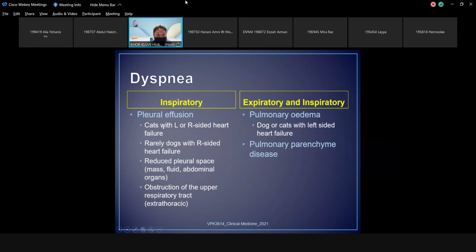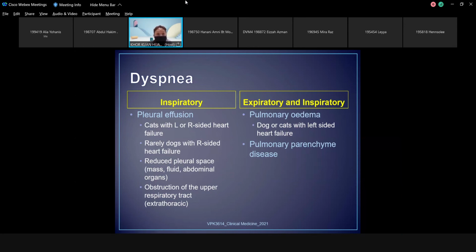Okay, so in dyspnea, you need to differentiate whether this is an inspiratory dyspnea or an expiratory dyspnea. Inspiratory dyspnea, the often cause is pleural effusion. For pleural effusion, in cats, it can be left-sided heart failure or right-sided heart failure.